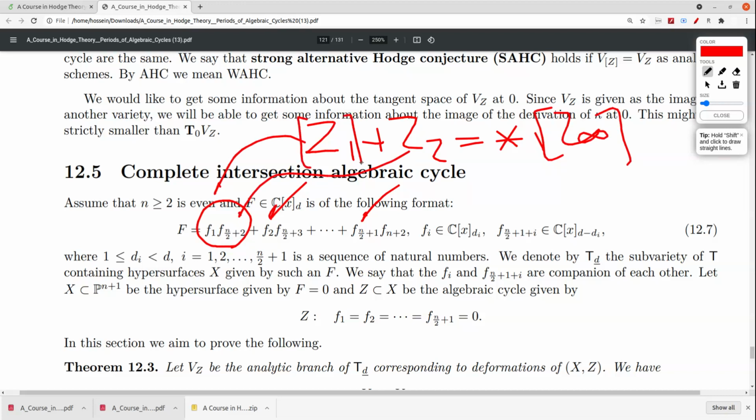And let's take the homology class. And at the end, z1 will be minus z2 modulo polarization. So that's why we have this statement for complex.